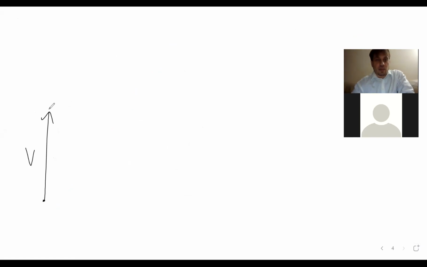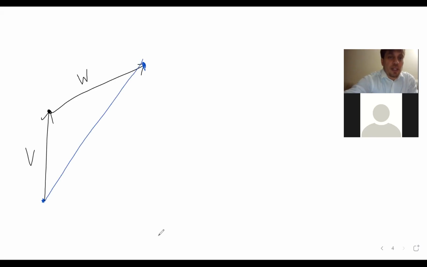And this is the terminal point of V. So if you attach W to the terminal point of V, where you take the initial point of W and attach it to the terminal point of V, then V plus W is defined as the vector starting with the initial point of V to the terminal point of W. And so you can define V plus W, the same V plus W, in another way as being that vector.